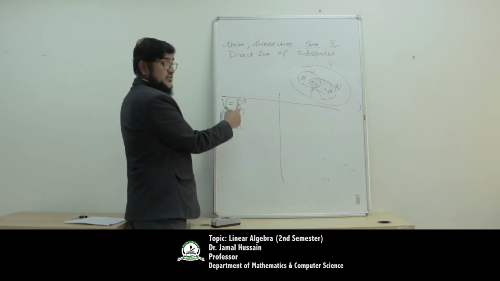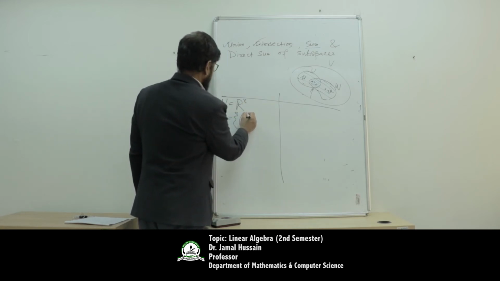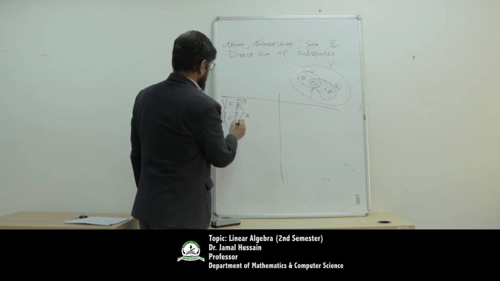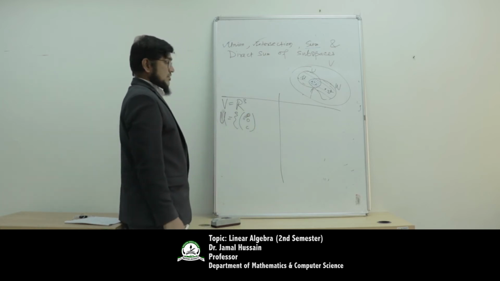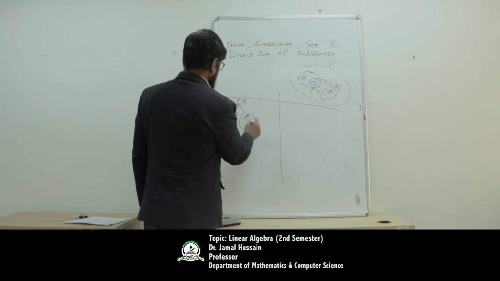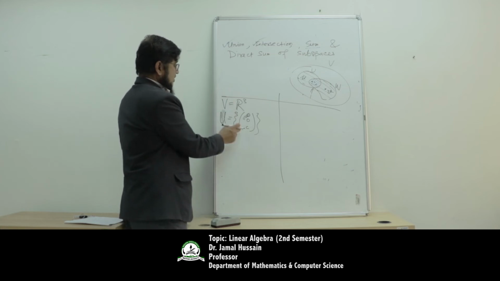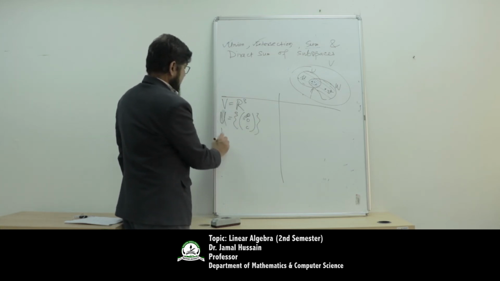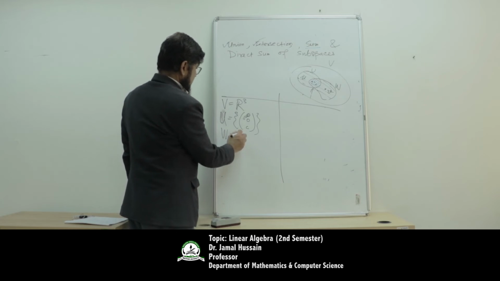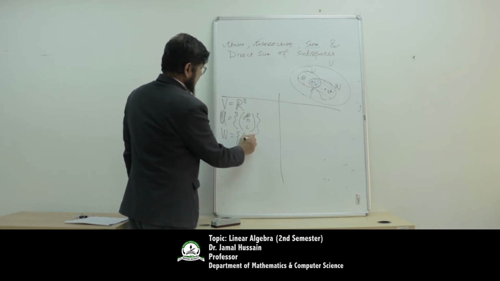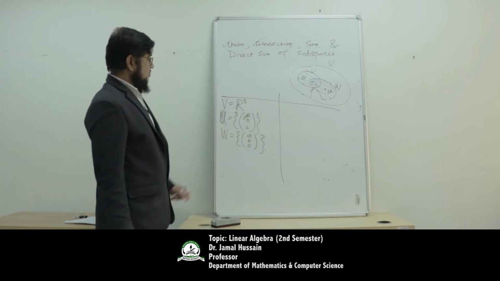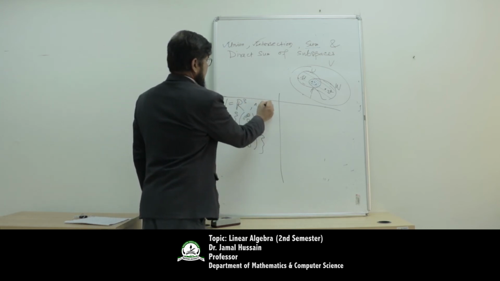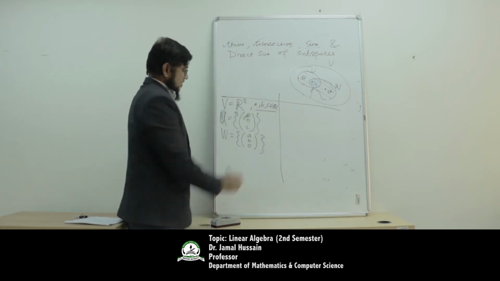Now it is in R3, so there will be three components, and let's say U is (0, 0, C), where C belongs to R, any real number, and W is suppose (A, B, 0), where A, B, C all belong to R, the set of real numbers.